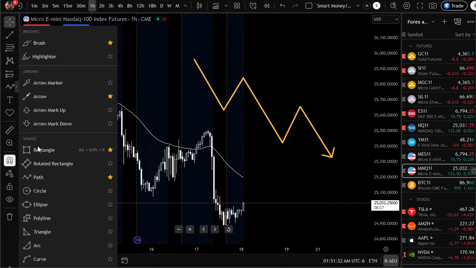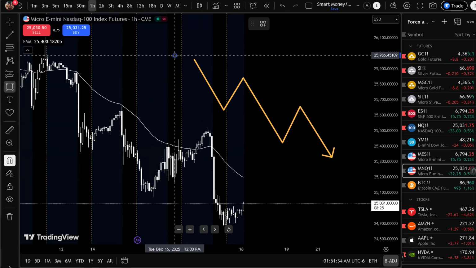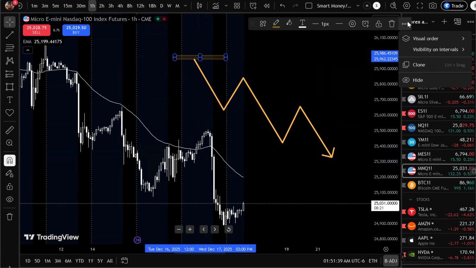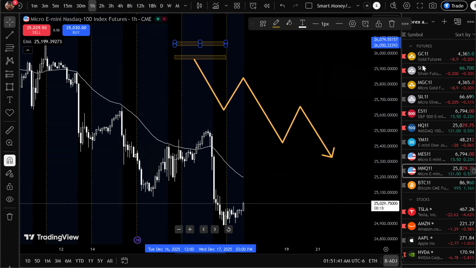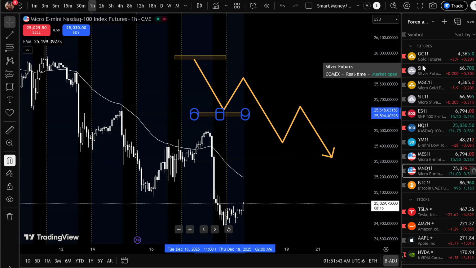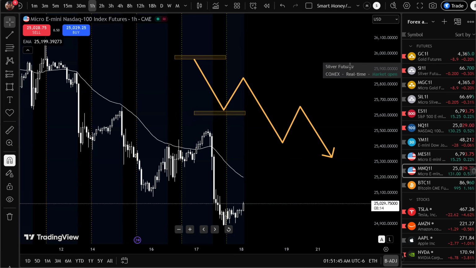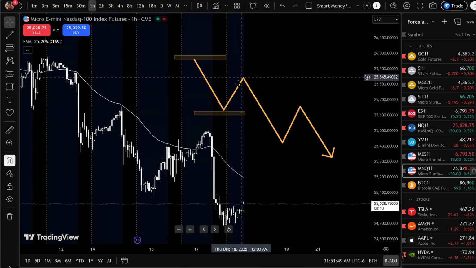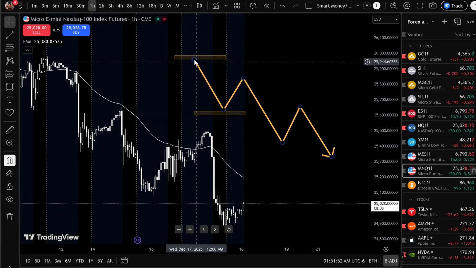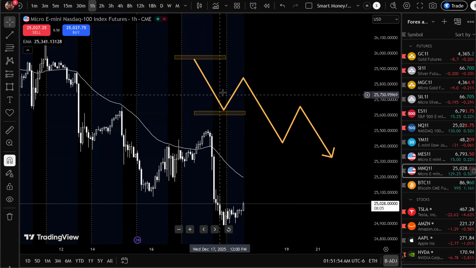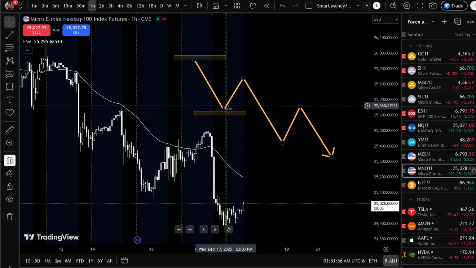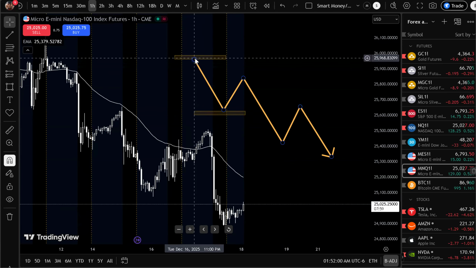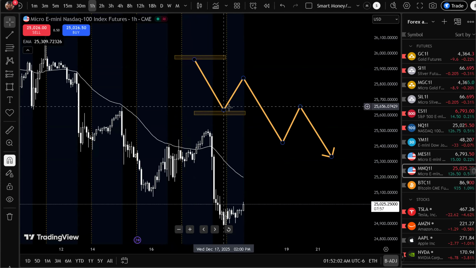So we got the initial range from this high to this low. And then what happens is price will retrace back inside of the range. This is internal. When you hear me say internal range liquidity, that means there's liquidity somewhere in between this high and this low.